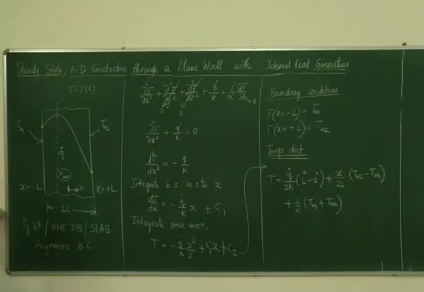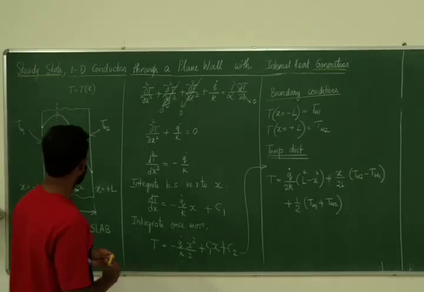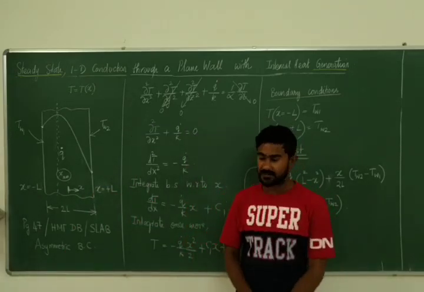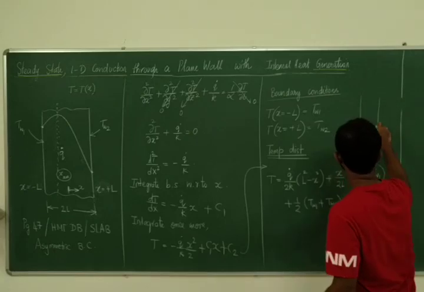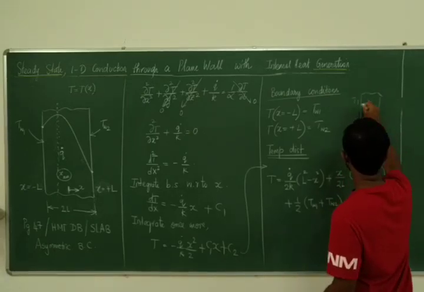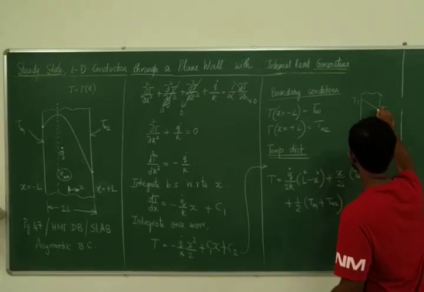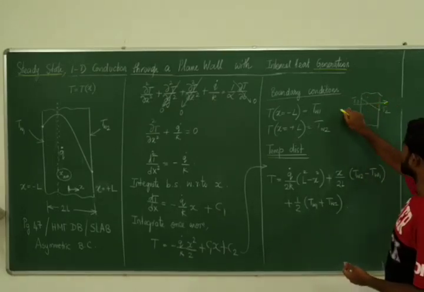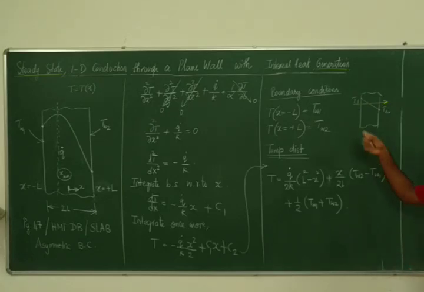Now can you guess what is the direction of heat transfer? How is heat going to be transferred? In a plane wall without generation, we have T1 and T2, temperature distribution is like this. And how was the heat transfer? Heat transfer comes from left to right because this is high temperature and that is low temperature.